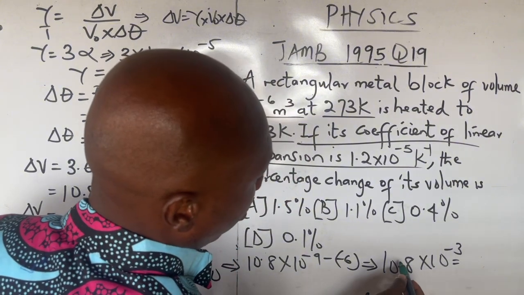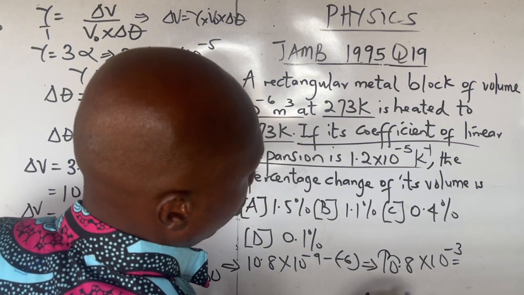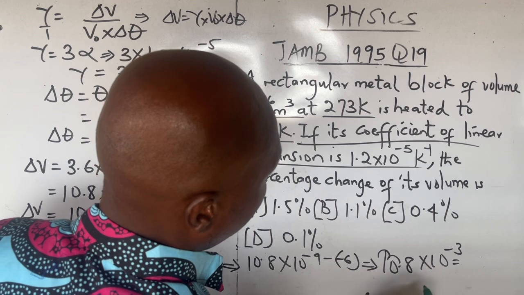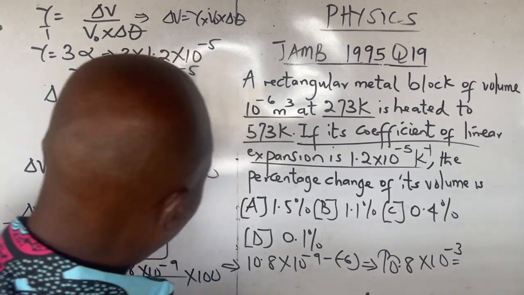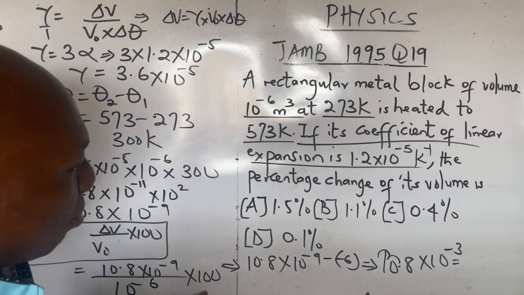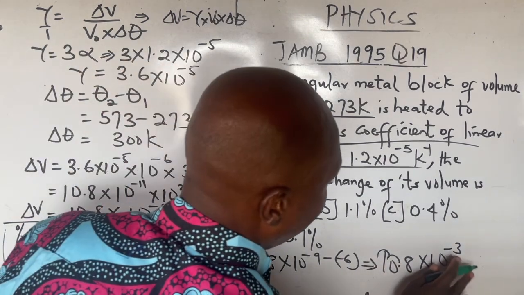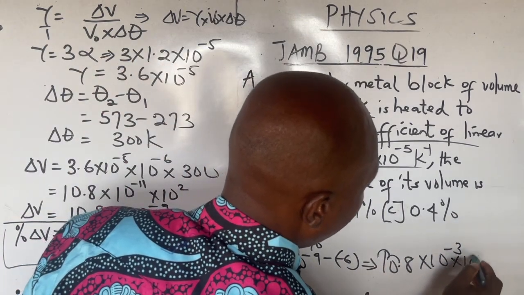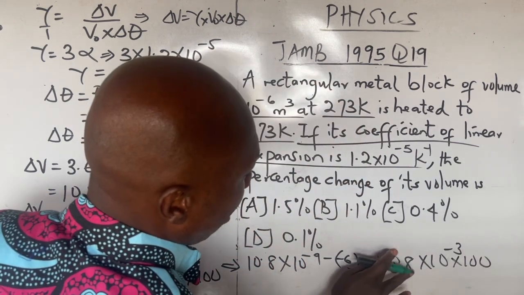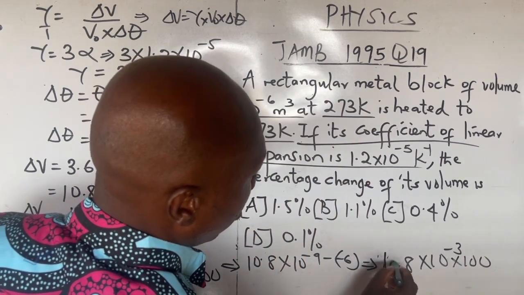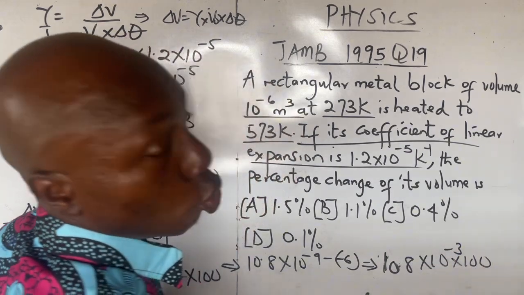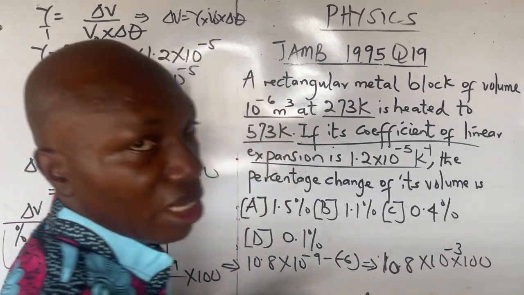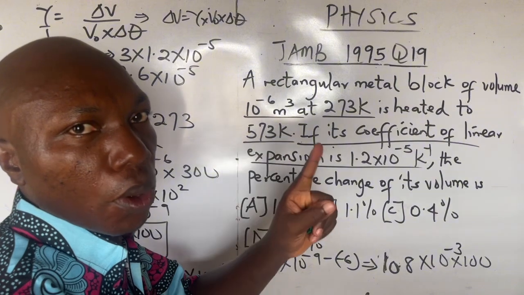Don't forget, we also have times 100 here now. So before we move the decimal backwards, we have 10 raised to the power minus 3 and 10 raised to the power 2, which will give us minus 3 plus 2.